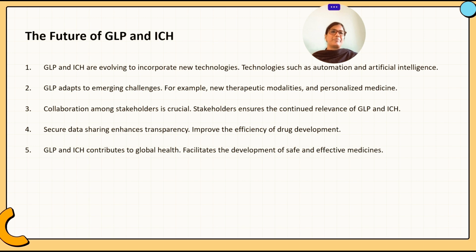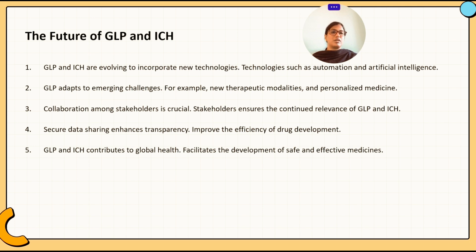Certain emerging challenges we can see in GLP are new therapeutic modalities and personalized medicine. Artificial intelligence and other technologies will help us to meet these challenges. Collaboration with stakeholders is very much essential.